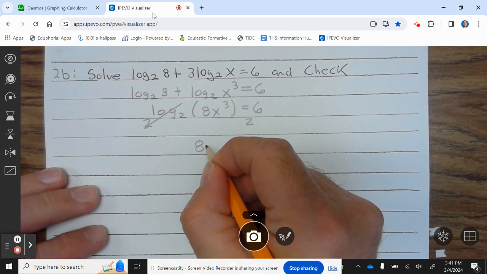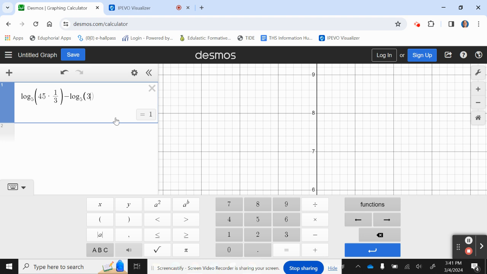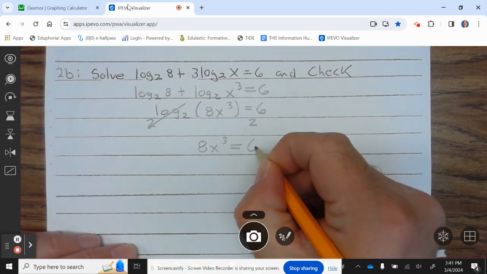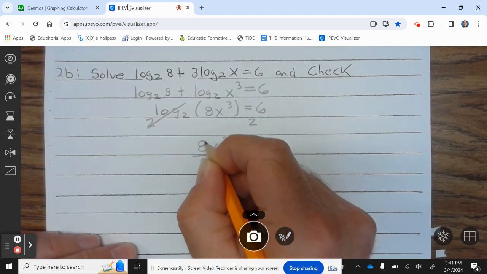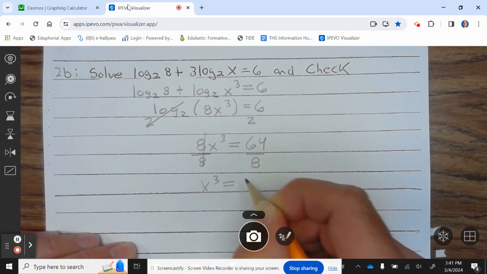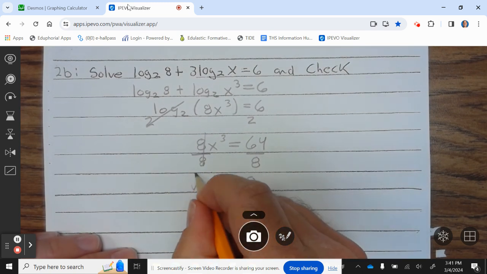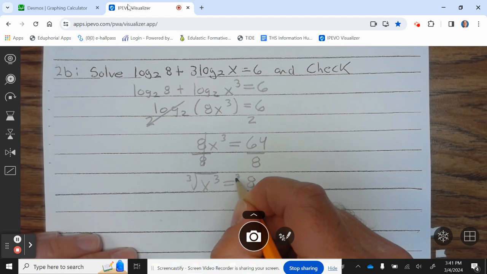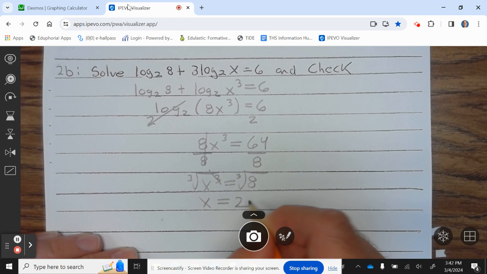You get 8x cubed equals 2 to the 6th, which is 64. Divide both sides by 8. You get x cubed equals 8. Take the cube root of both sides. You get x equals 2.